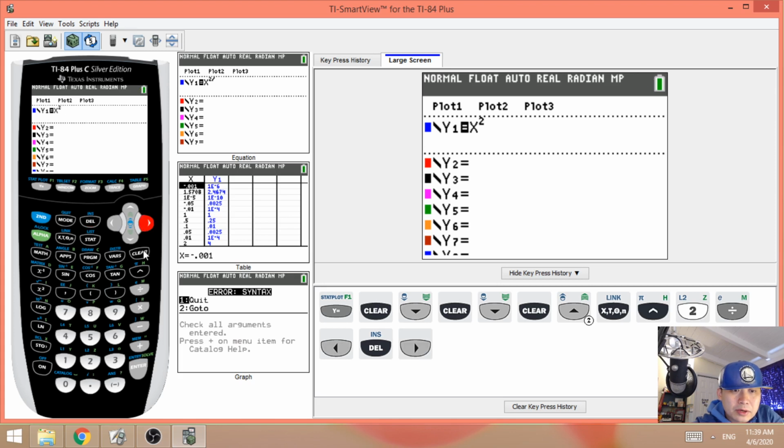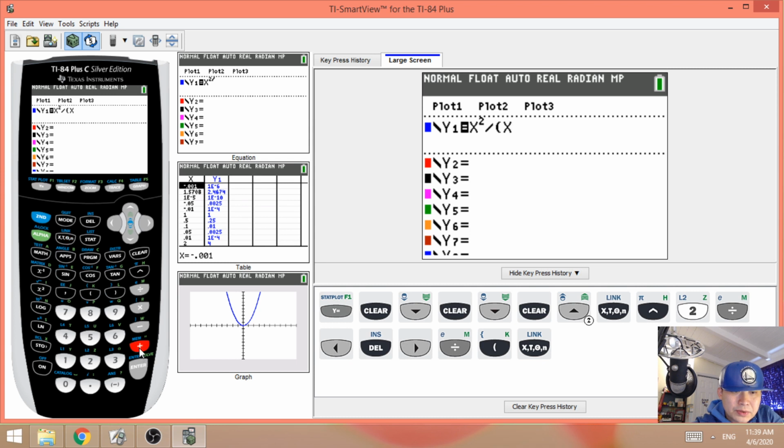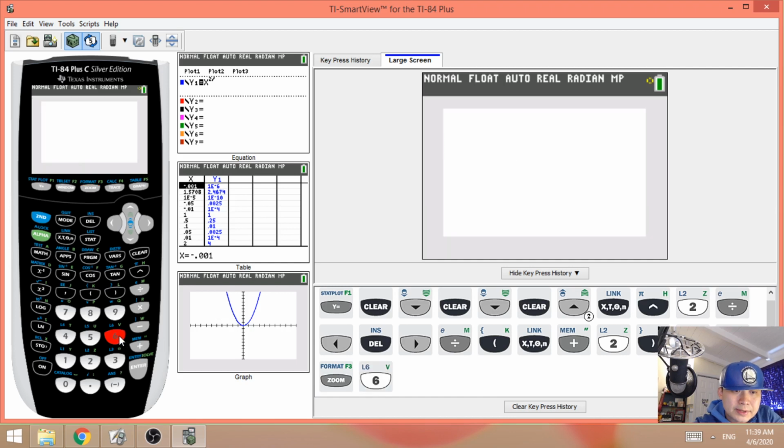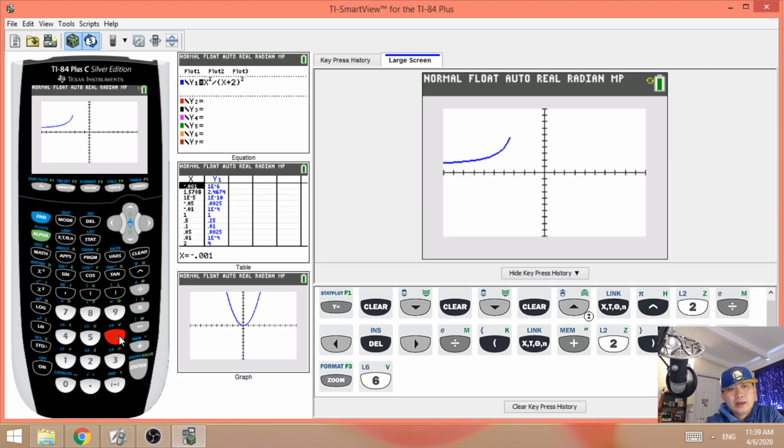So I need to move the cursor. Divided by the quantity of x plus 2, quantity to the power of 2. Okay, so zoom 6. Again, at negative 2, you'll see that it's a vertical asymptote. That's why it's not showing here.